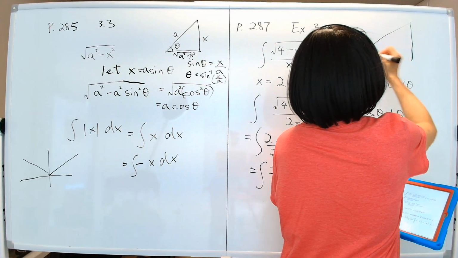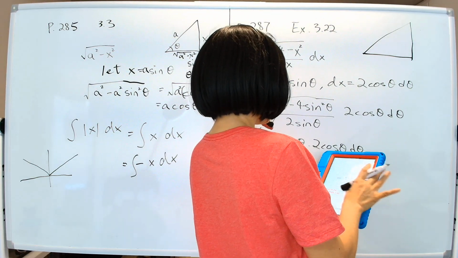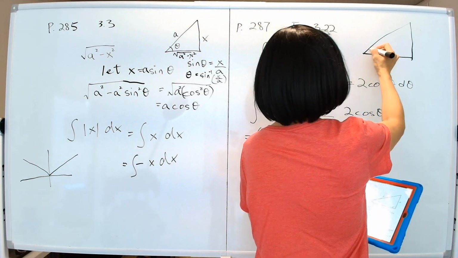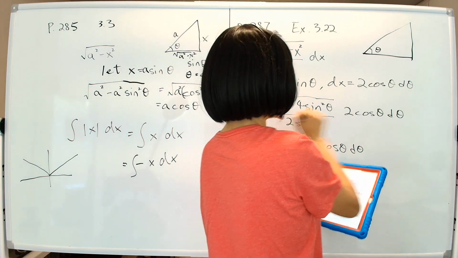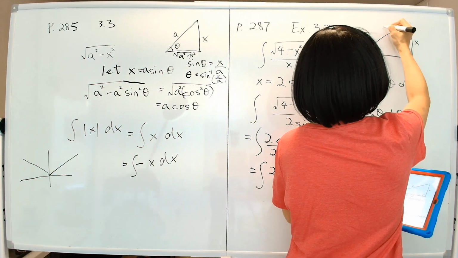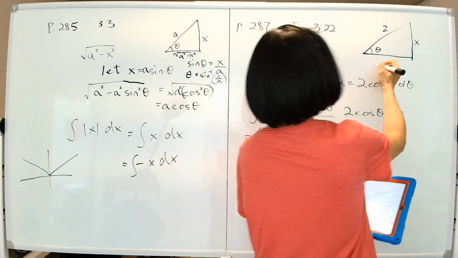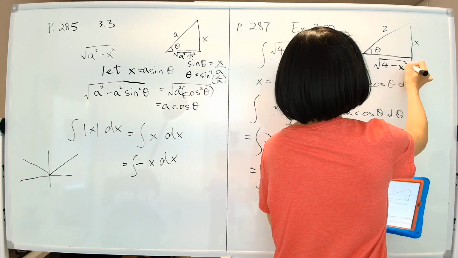Here's our triangle, which is actually the same triangle, I think, but we're going to draw it again each time we do this. So here's our theta, and x over 2 is sine theta. Okay, so x over 2 equals sine theta right here, which means this side is the square root of 4 minus x squared.